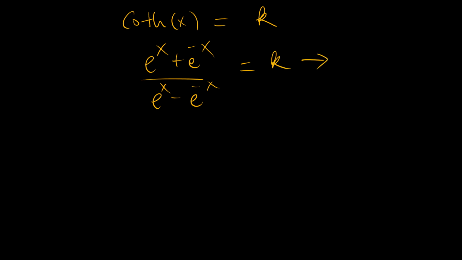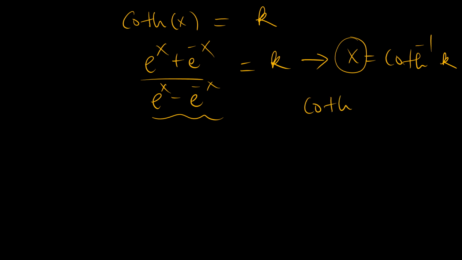That means that x is equal to the arc hyperbolic cotangent of k, right? So what is x? We can always find it this way, and that is the scenario where we have this root 3.